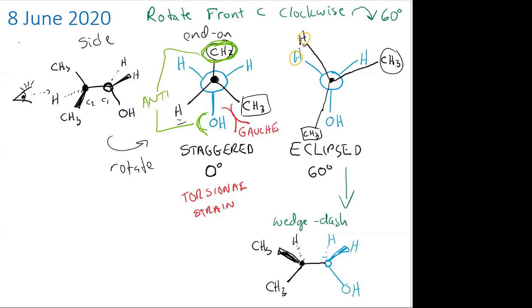That's okay. A little group and a big group eclipsing each other is going to be more unstable. But the greatest source of strain is going to be 2 bigger groups eclipsing each other. So that's going to be the worst situation.